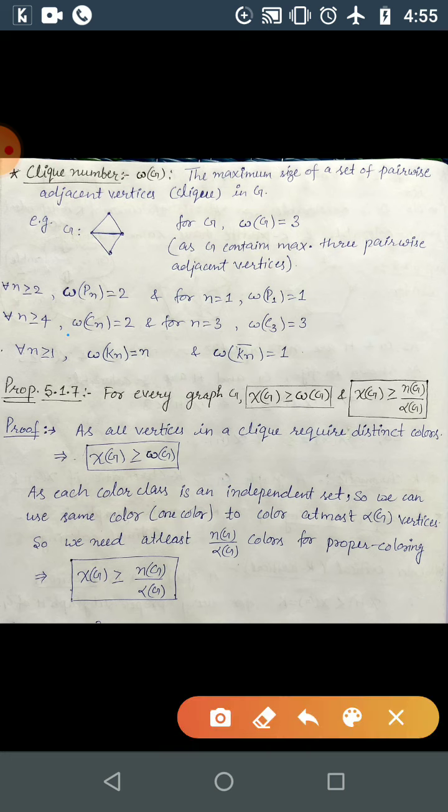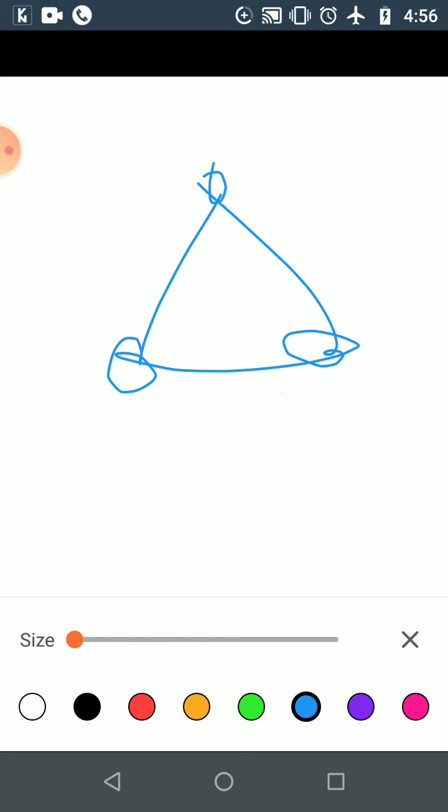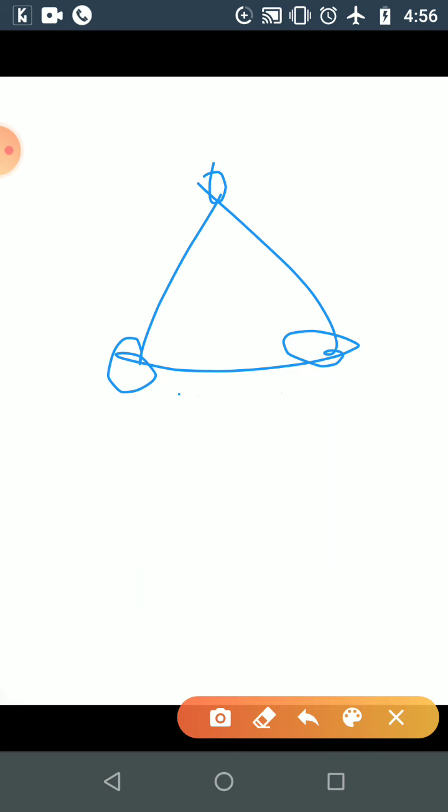Next we come to Cn, the cycle of order n. For C3, the clique number is 3, because K3 is part of it. For C3 all 3 vertices are pairwise adjacent, so the clique number omega for C3 is 3. What about C4?